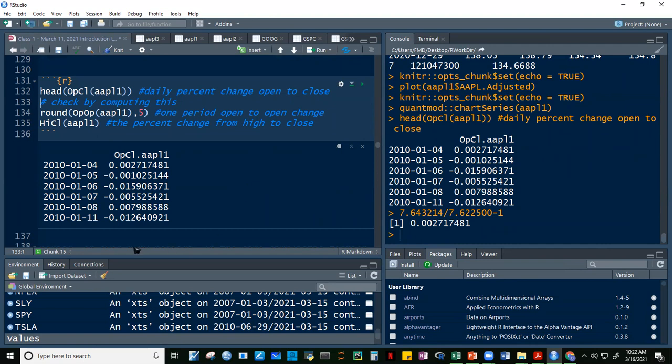Okay, is that clear, guys? Any questions how we got this open, close? It's the percentage change or the growth between the closing and the opening of a particular day. Clear? Clear, sir. Okay.